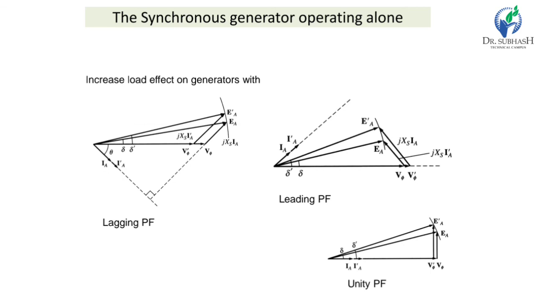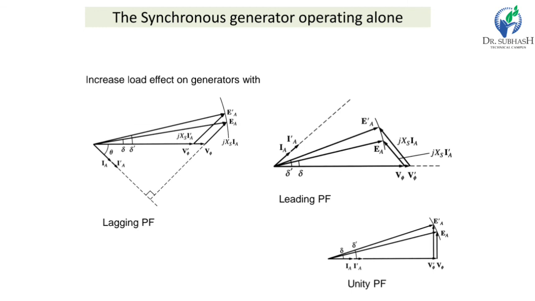The second point is, in the case of a resistive load, there will be a slight decrease in V phi and terminal voltage Vt. The third point is, if the load is capacitive, then V phi and terminal voltage Vt will increase. Here also is shown the synchronous generator working with a capacitive load figure.